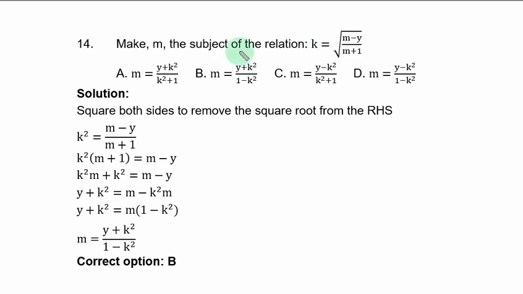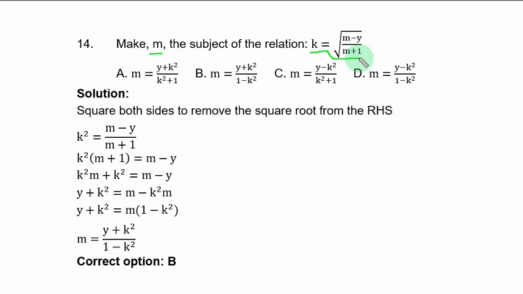Question 14. Make M the subject of the relation K equal to square root of M minus Y over M plus 1. M is under the square root sign. To start, you need to remove the square root sign from the right hand side.